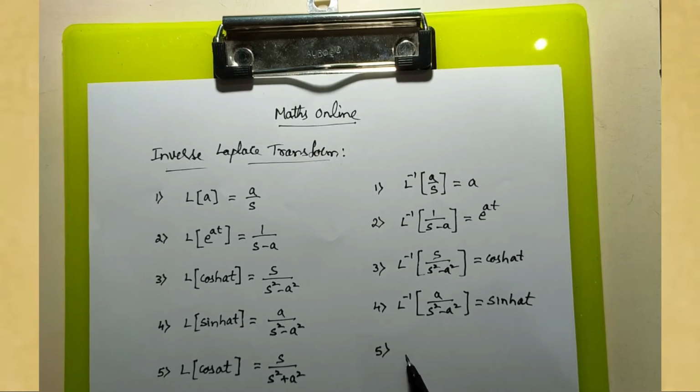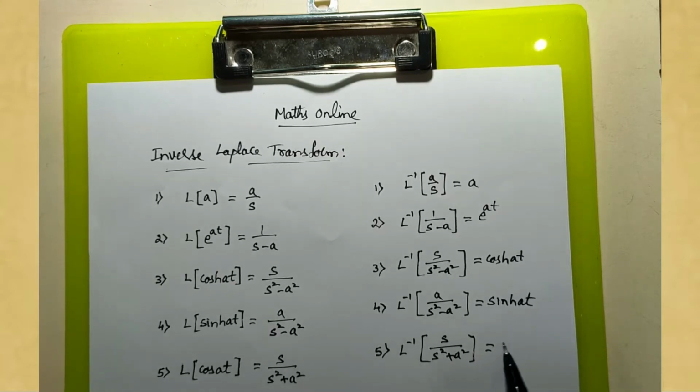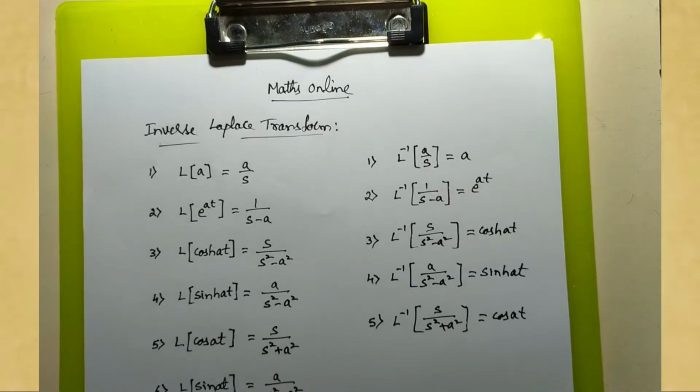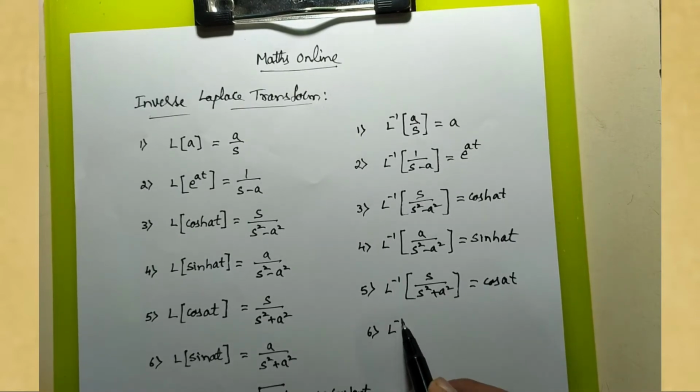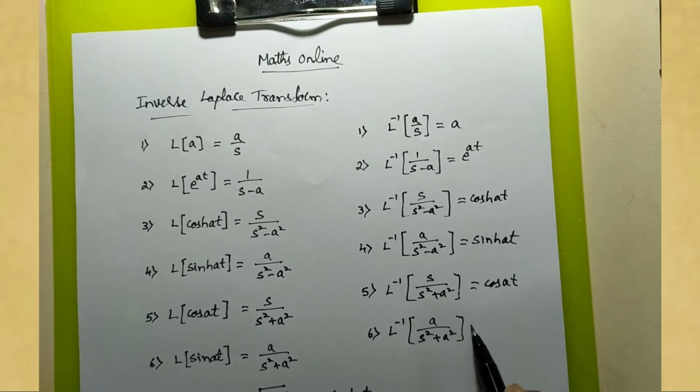Next you have inverse transform of s by s square plus a square. What will be its value? Cos at. Then we have inverse transform of a by s square plus a square. Its formula will be sin at.